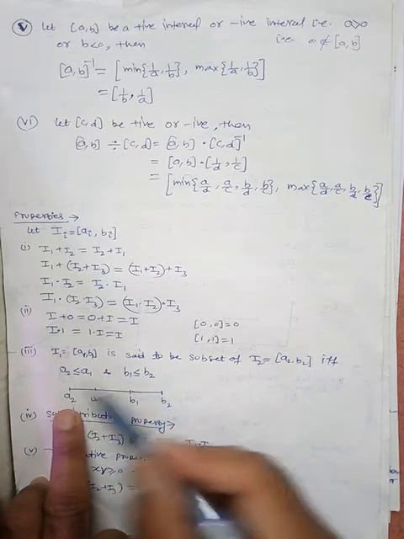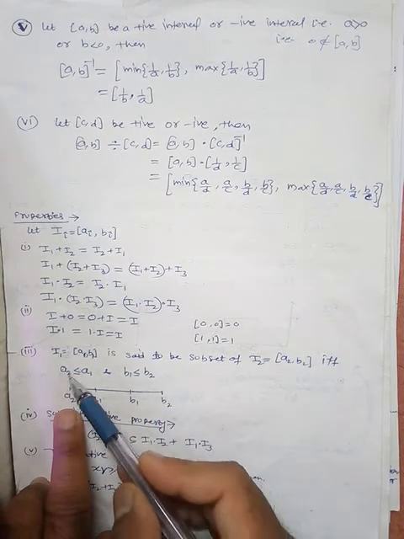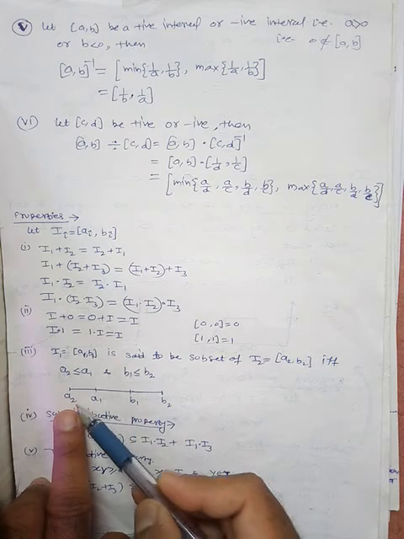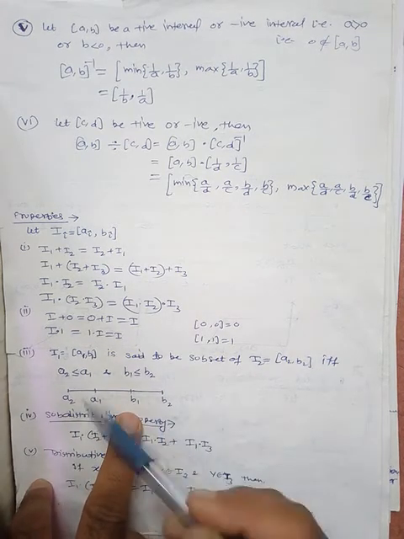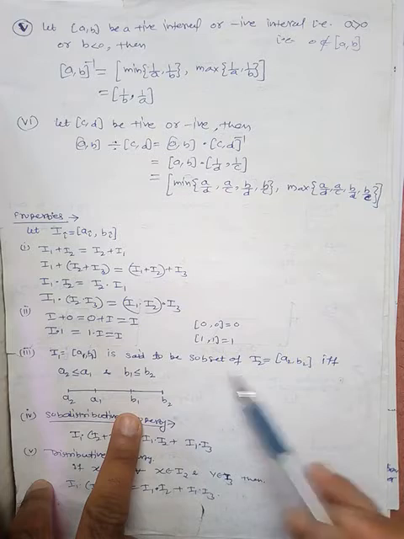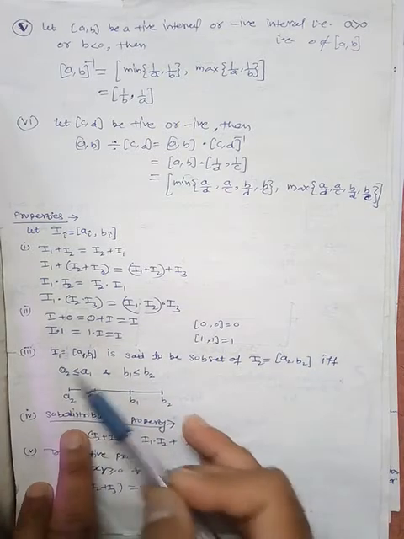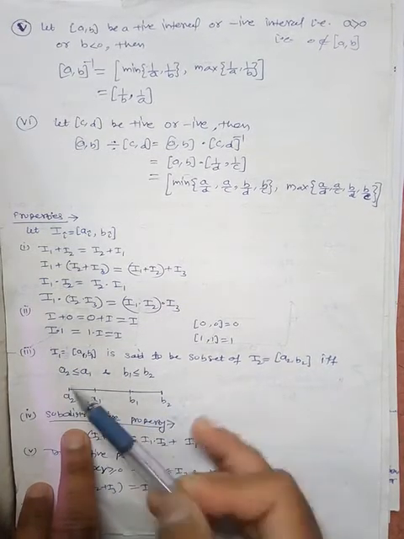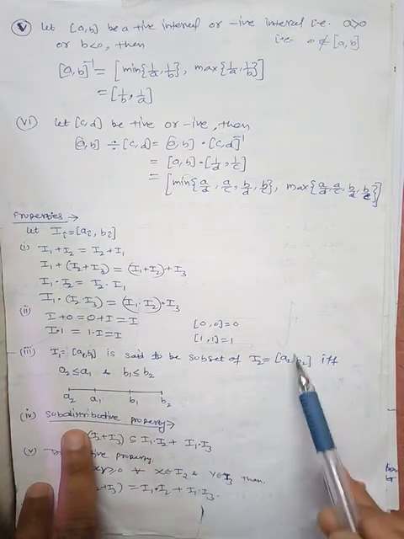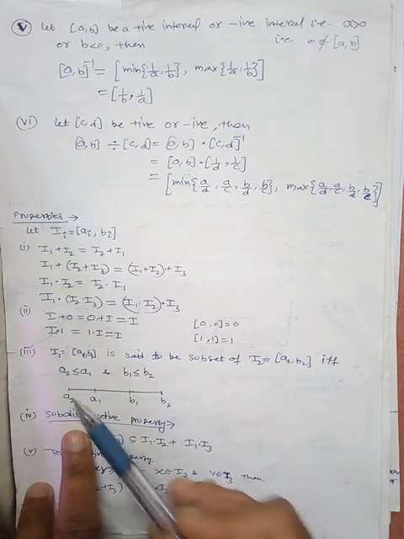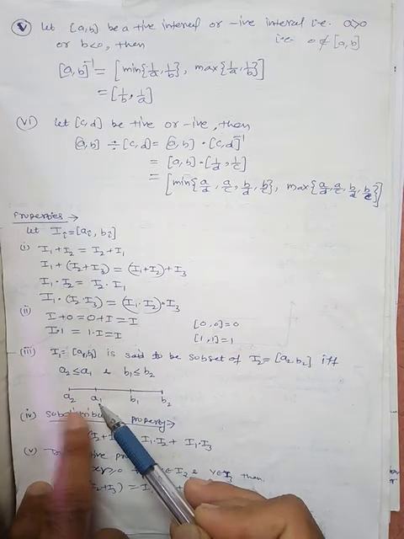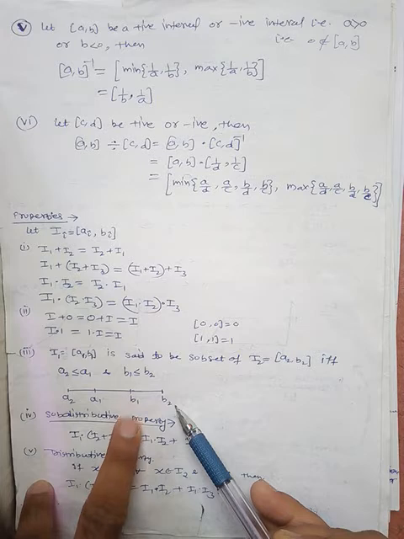According to the graph, A2 is less than or equal to A1, and B1 is less than or equal to B2. Then we can say that I1 is a subset of I2. So you can remember this graph: this interval is a subset of I2 if and only if A2 is less than or equal to A1 and B1 is less than or equal to B2.